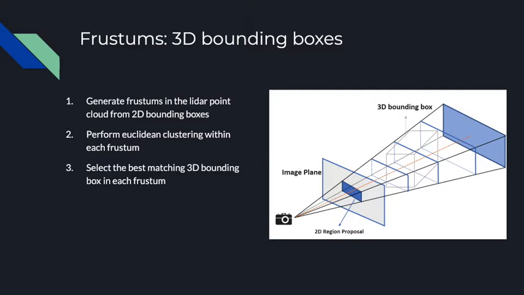We generate these frustum shapes in the LiDAR point cloud and perform Euclidean clustering within each frustum. We have an algorithm that determines the best 3D bounding box within each frustum, based on the IOU, which is intersection over union, with the 2D bounding box itself, and also based on the number of LiDAR points that exist in each 3D bounding box.